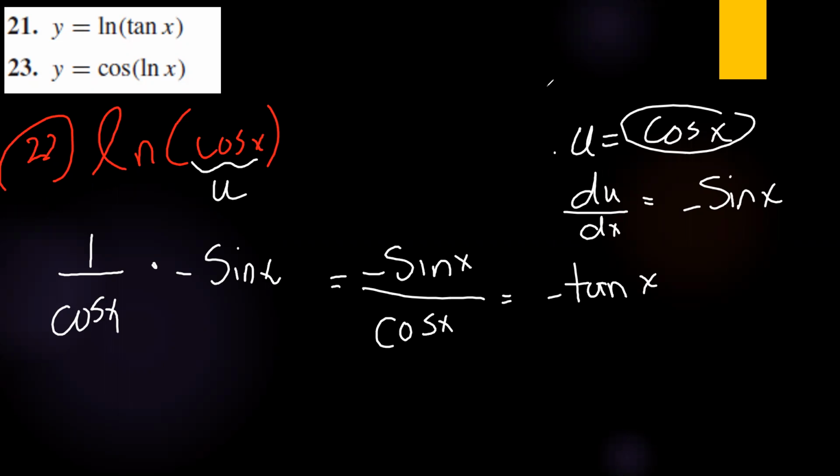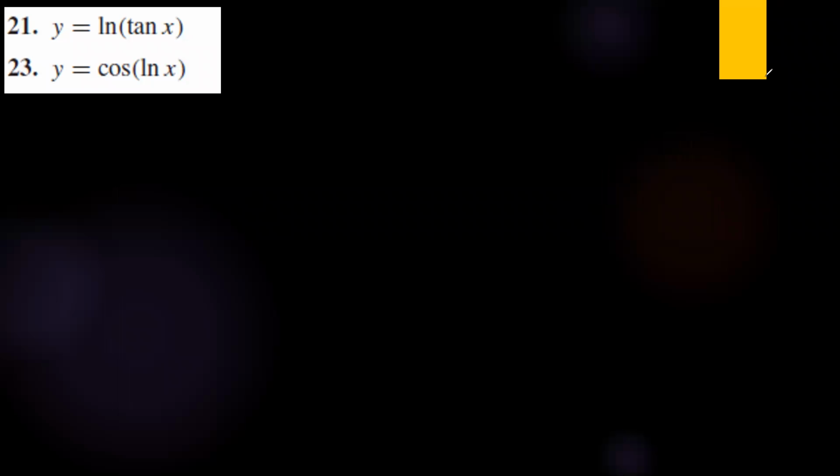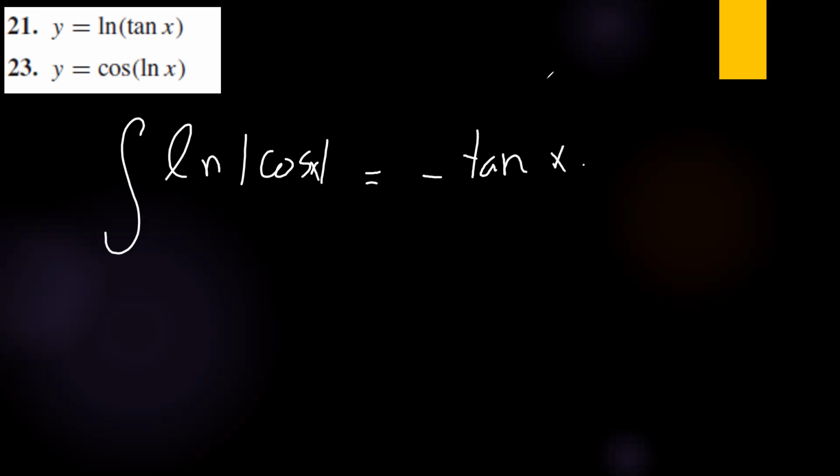And that means, as we said before, that the integration of tan x is negative ln cosine of x, and the integration of negative tan is ln of cosine.